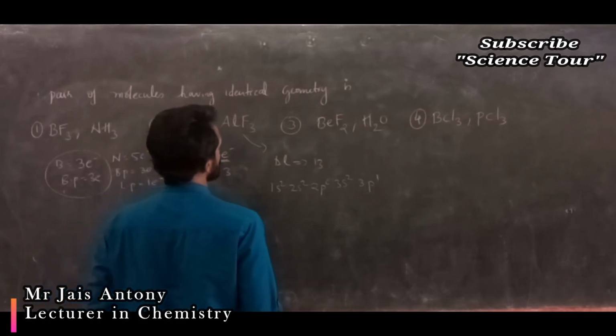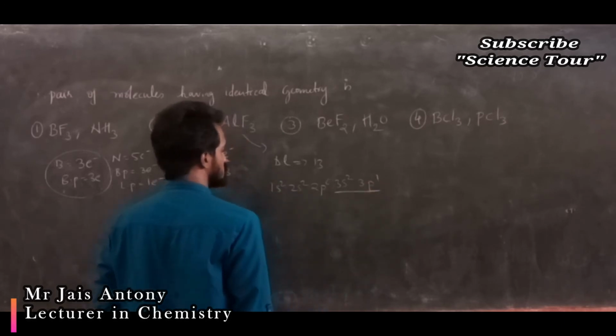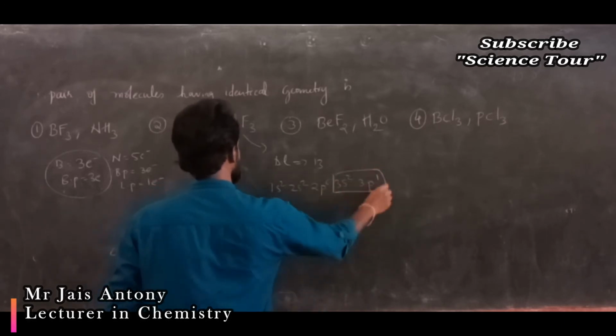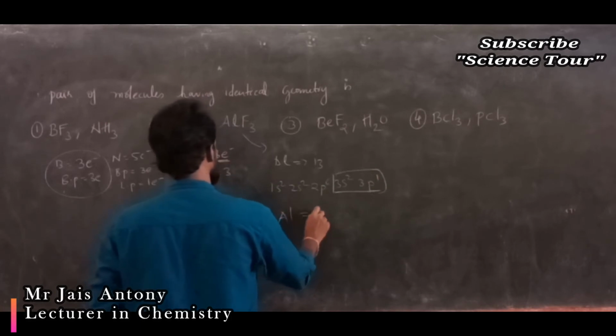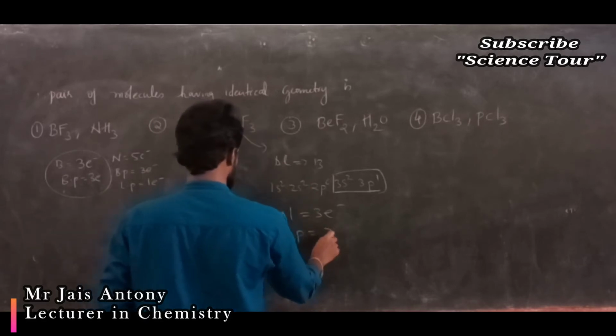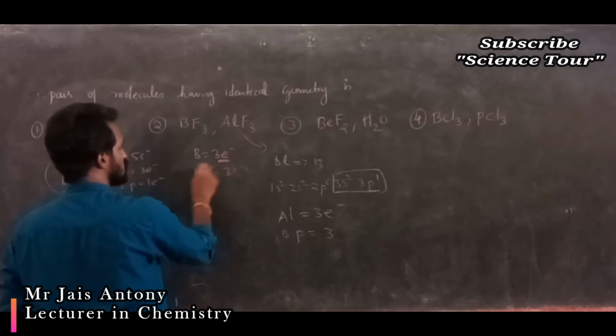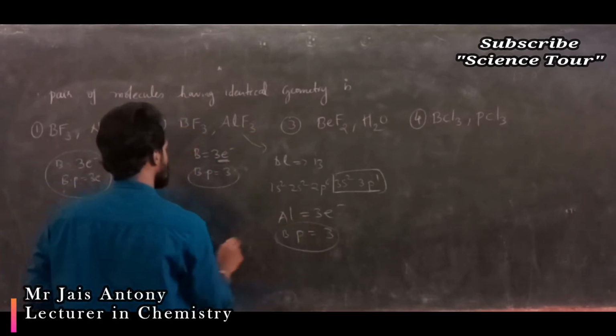In this one what we can see means, these are the outermost valency electrons, total 3 valency electrons, aluminium having 3 valency electrons, and it forms 3 bond pairs with 3 fluorines. So here it is matching, BF3 and AlF3 bond pair is 3, so it is triangular planar.